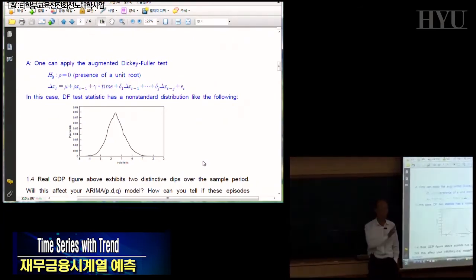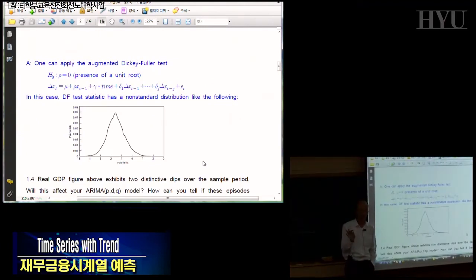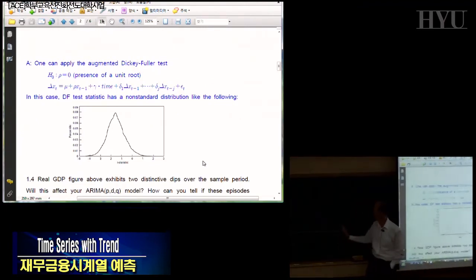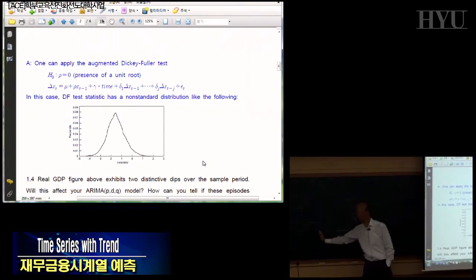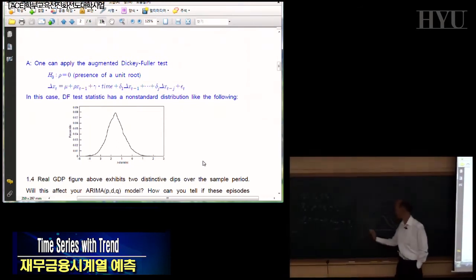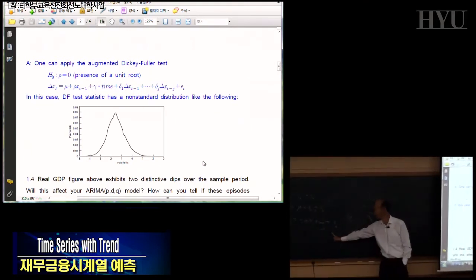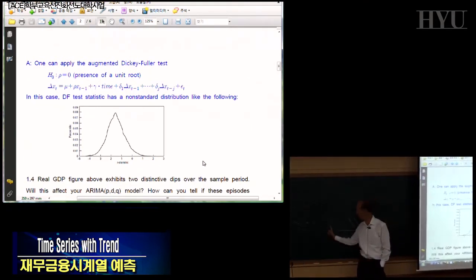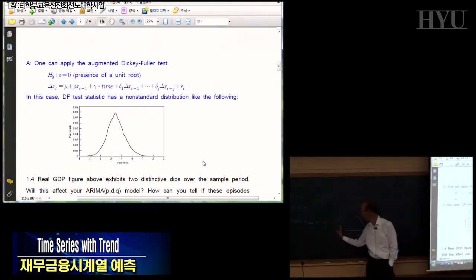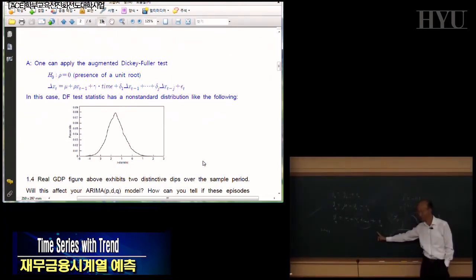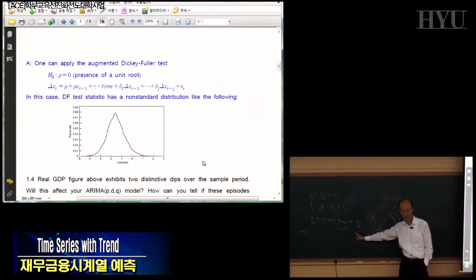So your inference could be different. So if you find the evidence toward this direction, if you found this number very small, something here, then under even the correct distribution, the p-value is very small, right?